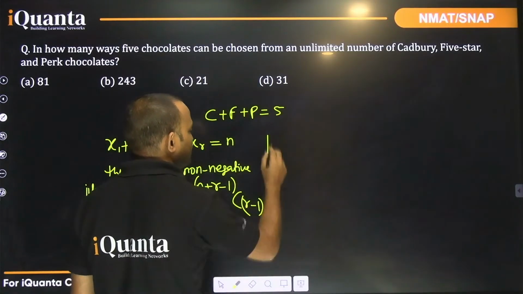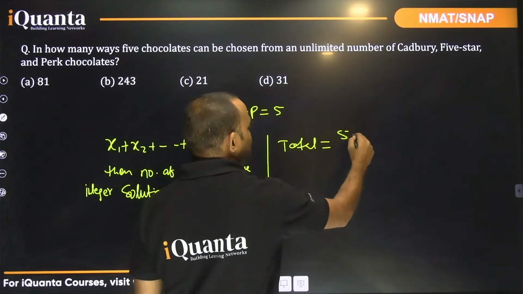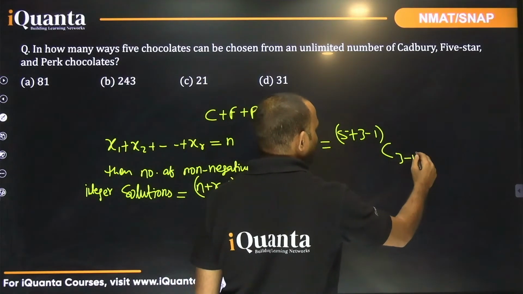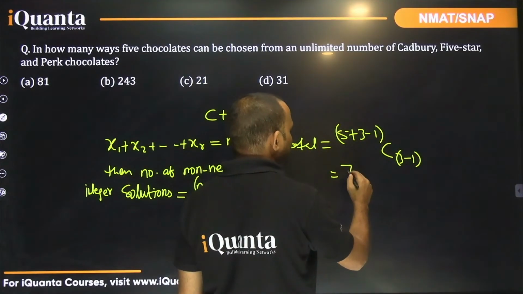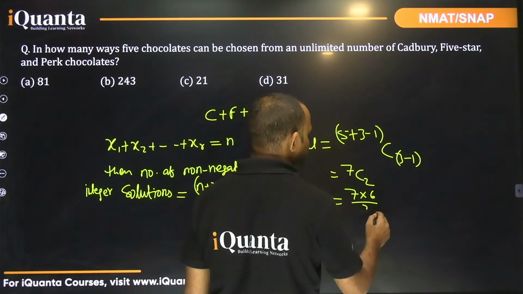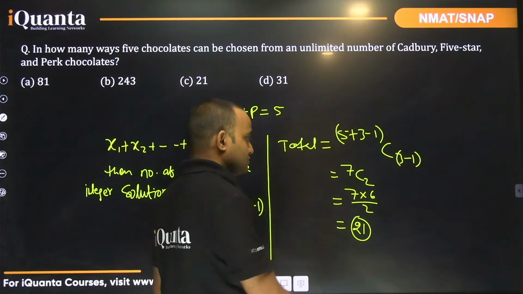So here, how many such cases are possible? 5 plus 3 minus 1 C 3 minus 1, which will be equal to 7C2, and 7C2 is nothing but 7 into 6 by 2, and that is equal to 21.